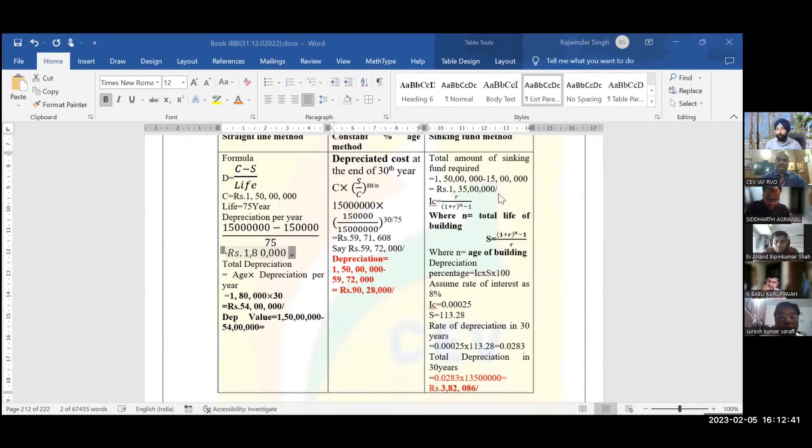So now see, the third method, which is sinking fund method. In sinking fund method, first thing you have to know is how much amount of sinking fund you have to collect. Here, 1 crore 50 lakh is the cost, out of which 15 lakh will be the salvage value. It means you have to collect 1 crore 35 lakh.